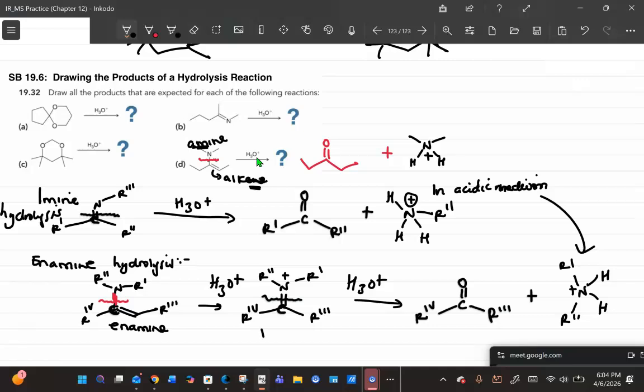Otherwise, you can make the iminium salt in your shortcut and then know that it is hydrolyzed just like you hydrolyze the imine. Because the imine has to form the iminium salt before it is hydrolyzed anyway. So here I'll do the same thing. Chop off the nitrogen, put a double bond.